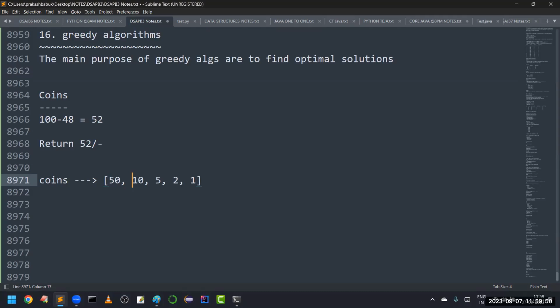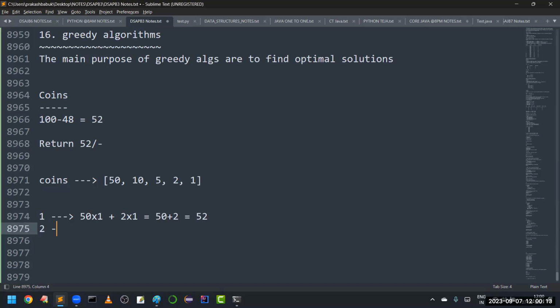How many possible solutions are we going to get? For example, the first solution is that I select one 50 rupee note plus one 2 rupee coin. So 50 plus 2 will become 52.